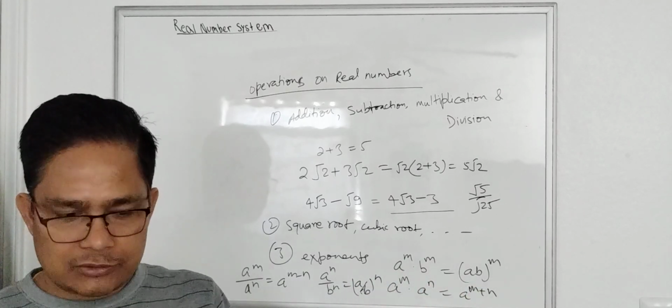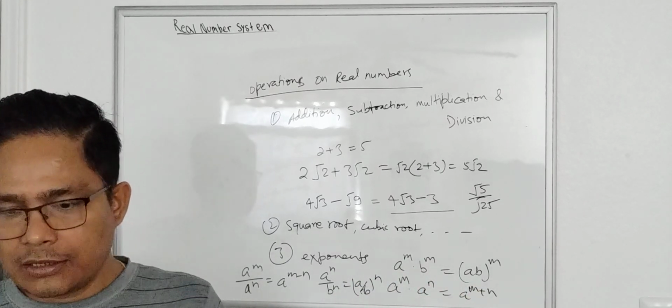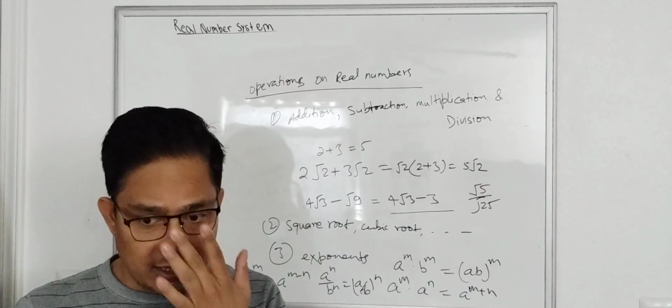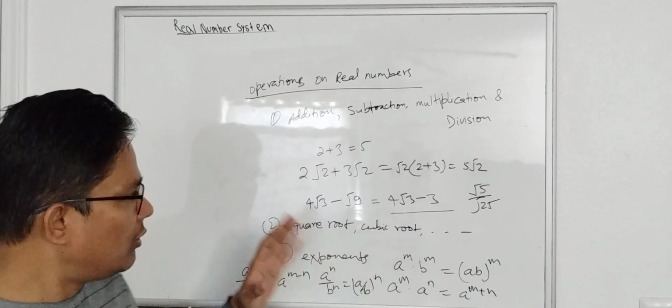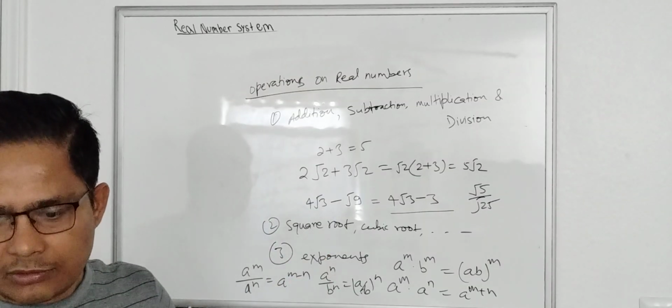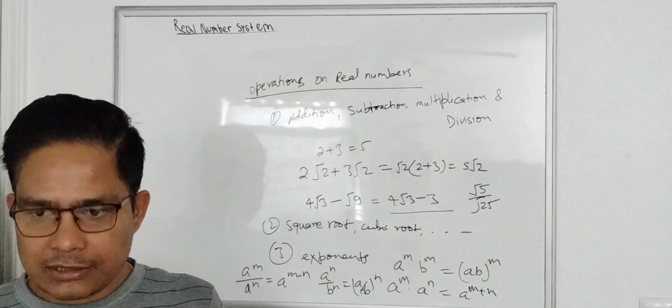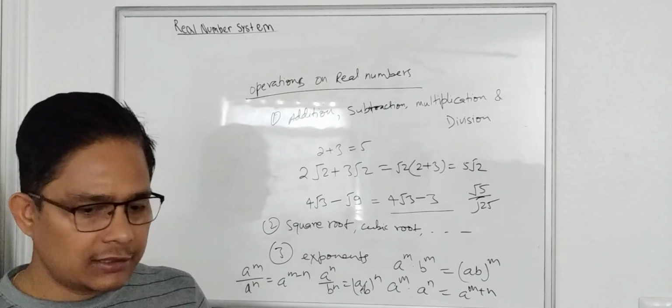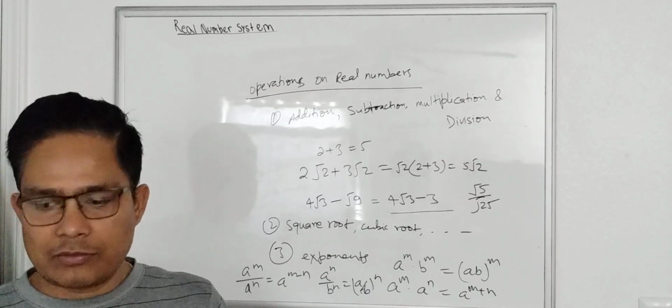So real number has two main categories. One is rational, another is irrational. Okay, rational numbers are all the numbers you saw, like whole numbers, natural numbers, integers, and some fractions, fractions that terminate, or fractions that have repeating values.